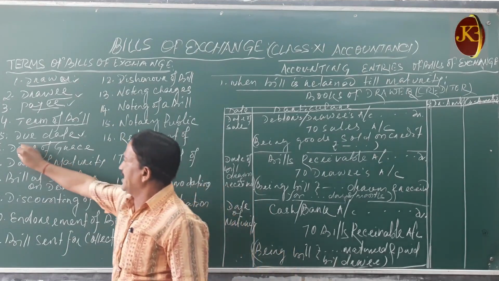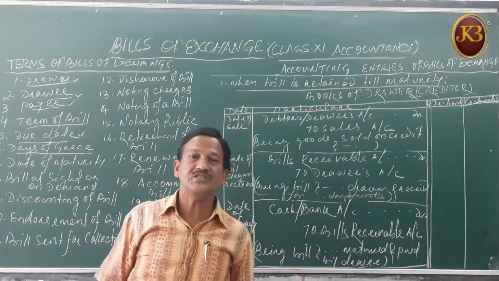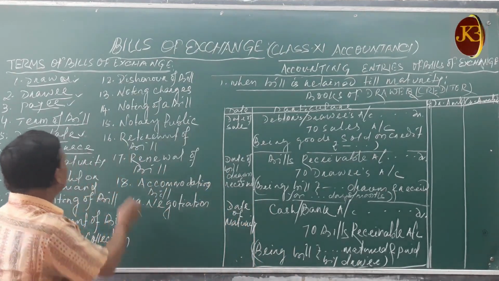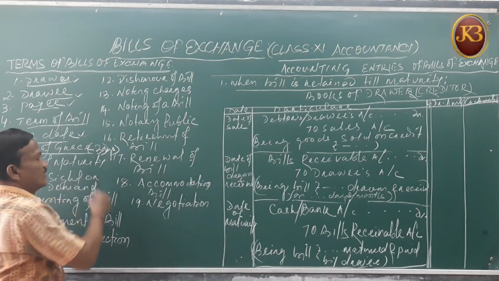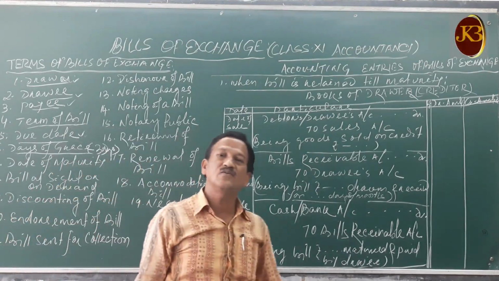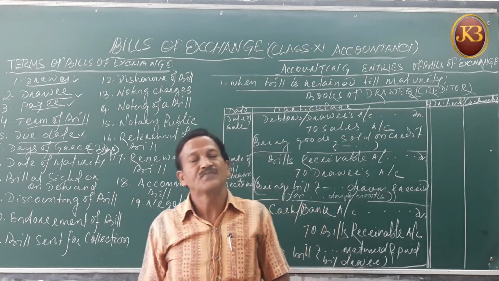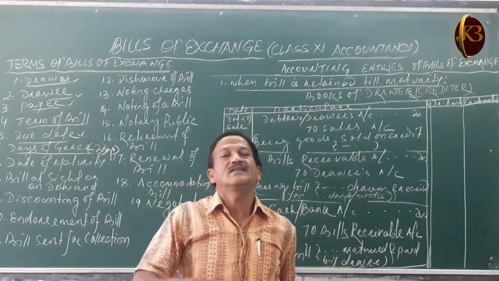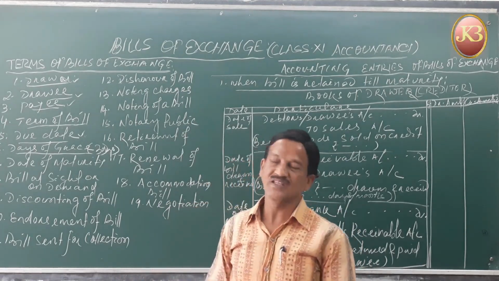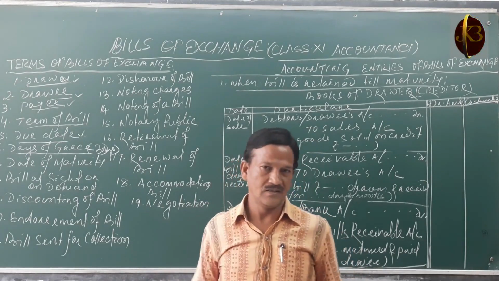Then days of grace. Days of grace is the extra period which is granted for the payment of the bill. Generally 3 days extra period is granted to the drawee for making the payment. That means, as I told you, the bill is drawn on 1st January for 3 months, and the due date of the bill is 1st April.